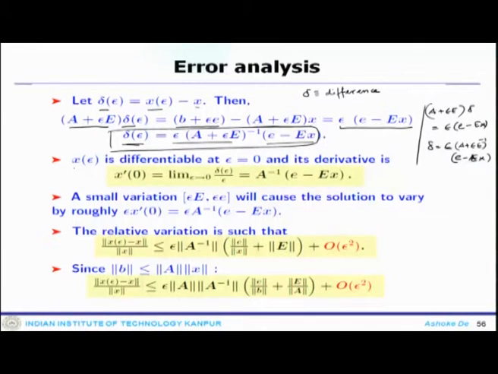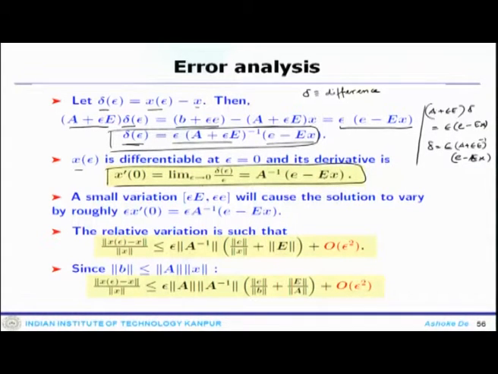What you find out next is that x epsilon is differentiable, and its derivative is x prime 0, with the limit as epsilon tends to 0 of delta epsilon by epsilon. Whatever delta you have obtained here, in the limiting sense when epsilon tends to 0, this should get me back A inverse multiplied with (e minus E x).